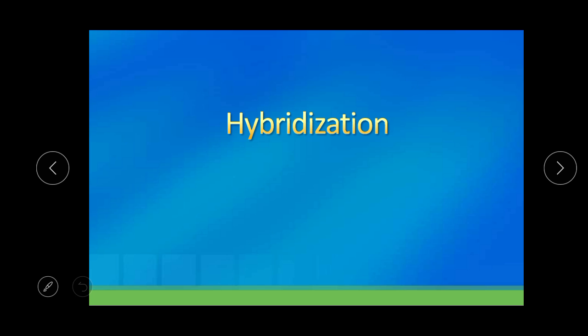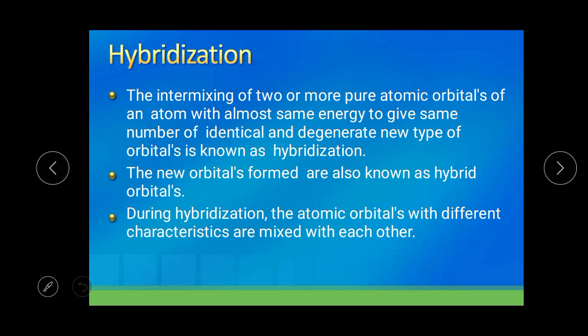Then we'll move to hybridization. What do we mean by hybridization? Hybridization is the intermixing of two or more pure atomic orbitals to form new atomic orbitals. If two atomic orbitals have the same energy, they combine to form identical and degenerate new orbitals. This process is known as hybridization, and the new orbital formed is known as a hybrid orbital.